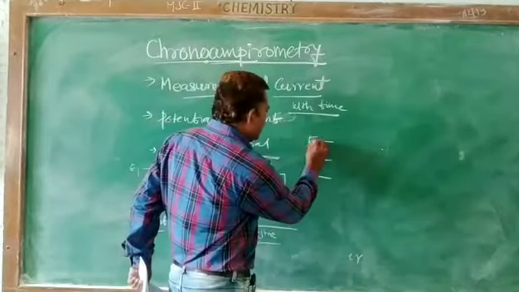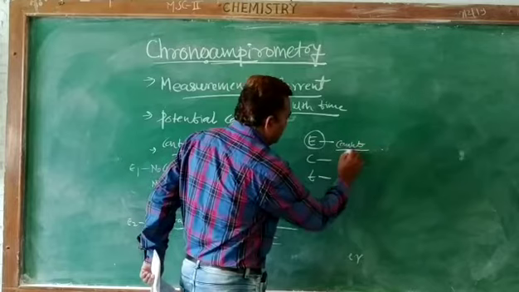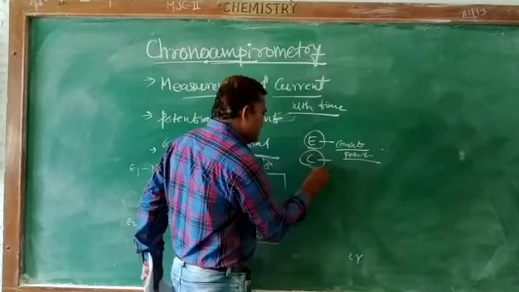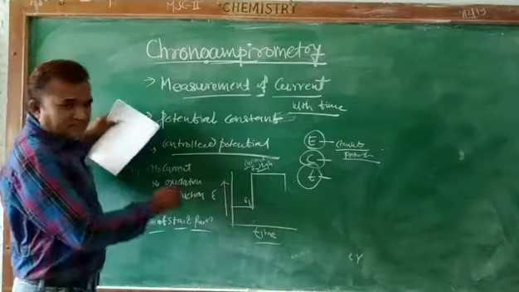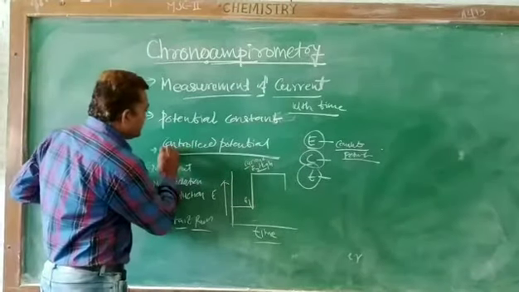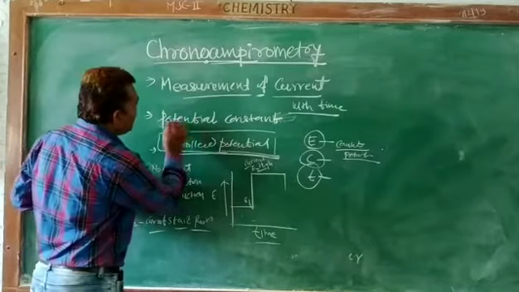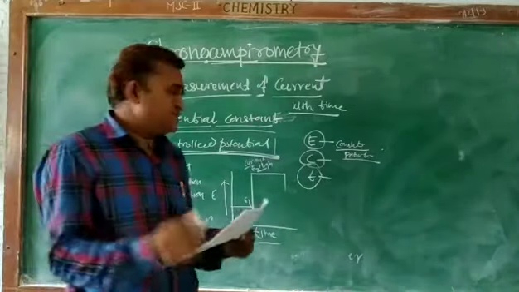In this technique, the potential is constant, and we measure the current with respect to time. We maintain a controlled potential, kept constant throughout the reaction.